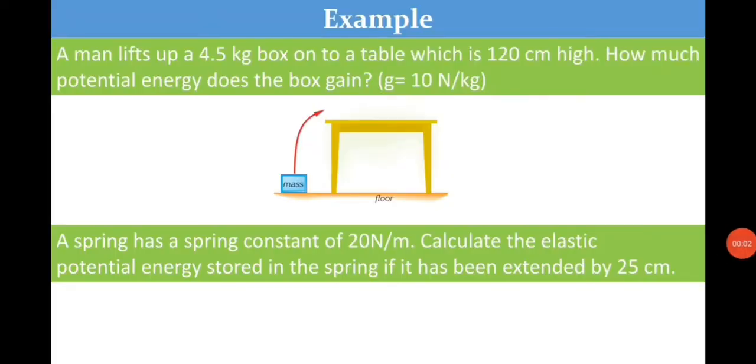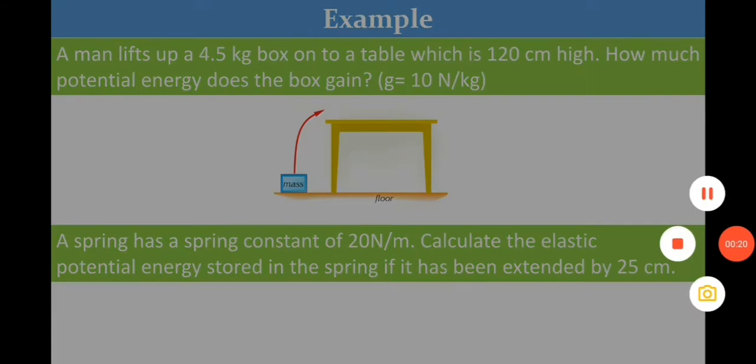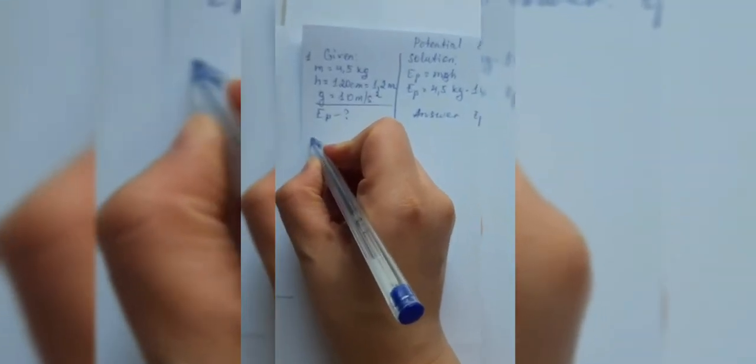Solve second problem. A spring has a spring constant of 20 newtons divided meter. Calculate the elastic potential energy stored in the spring if it has been extended by 25 centimeters. Let's solve second problem.